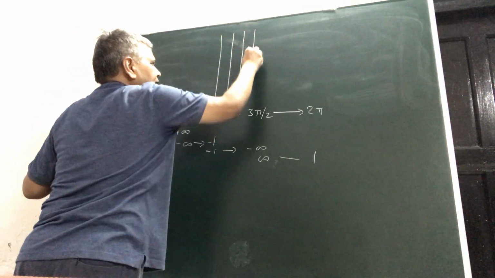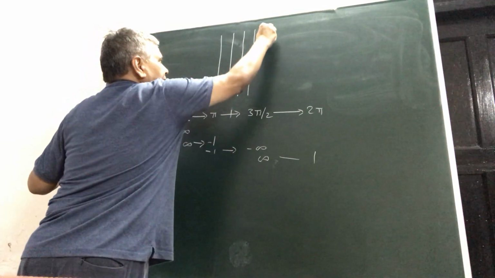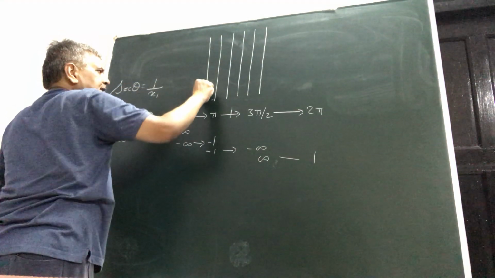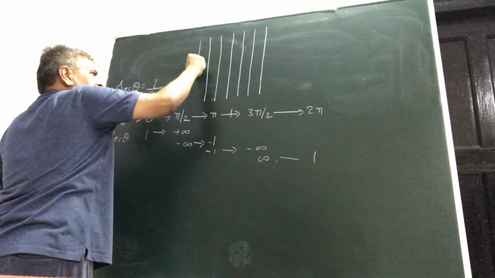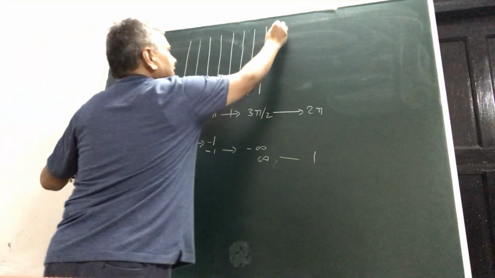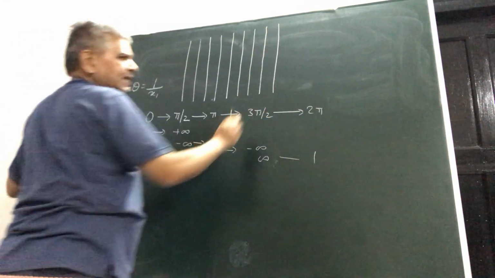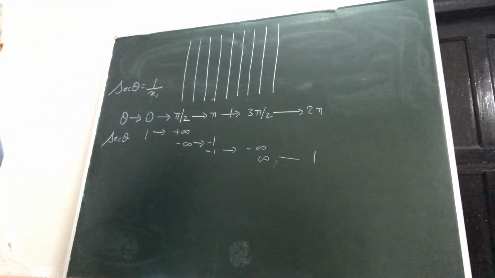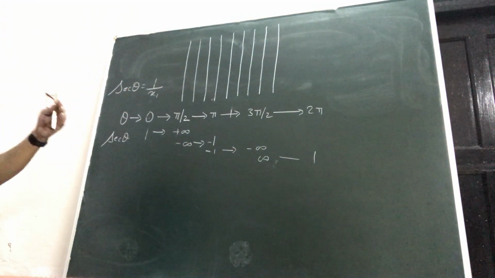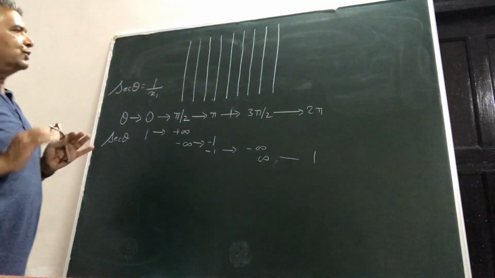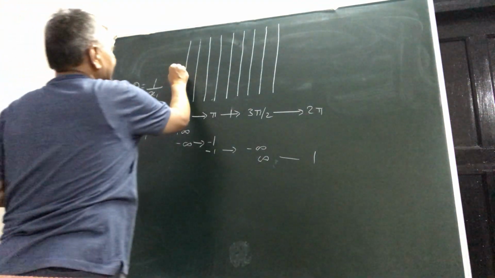Today I am purposely not proceeding further for the simple reason that you should be well versed in obtaining the graphs of all the 6 trigonometric functions. Then only you can understand all these principal branches and how these inverse functions exist, and in what interval, and so on and so forth.